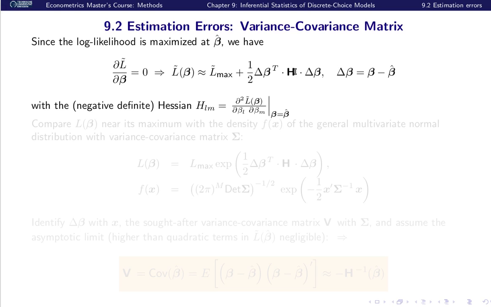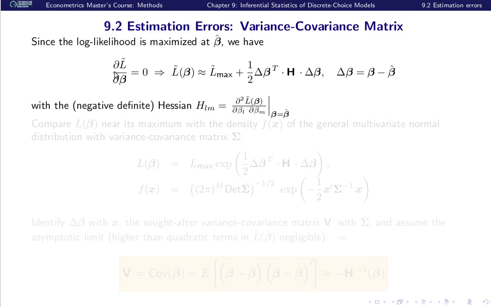The Hessian is the matrix of all mixed partial derivatives. That means the diagonals are just the second derivatives with respect to beta_m, and the off diagonals are the mixed partial derivatives. So it's just the normal Hessian. This expansion can be done because we are at the calibration point.